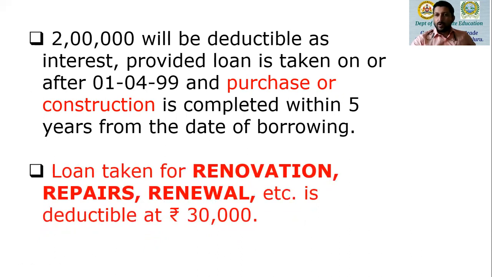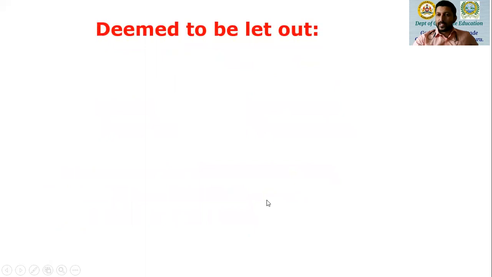So for interest on loan borrowed for purchase or construction, you can claim deduction up to 2 lakh rupees. But when it comes to renovation, repairs and renewals, as far as self-occupied house property is concerned, the maximum amount of interest that is deductible is rupees 30,000 only. That is about self-occupied house property.